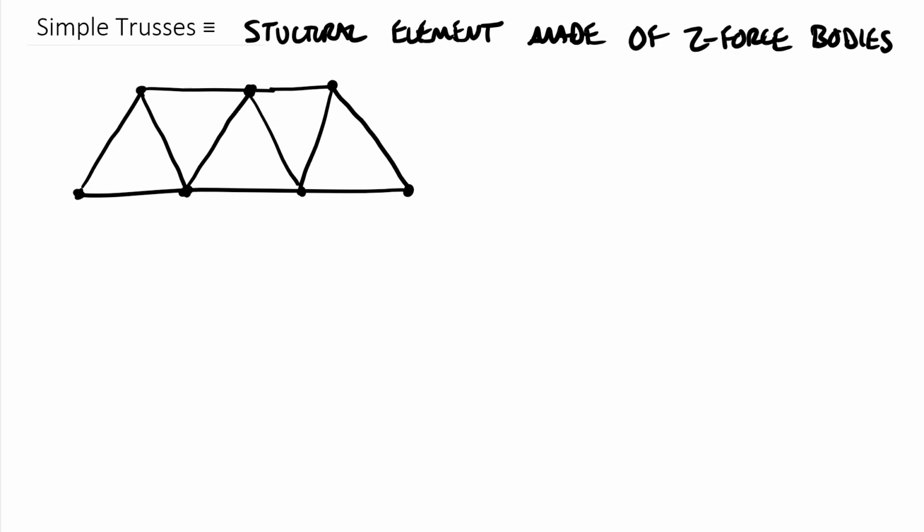Now we're going to use the terms bodies and members kind of interchangeably here. So a structural element made of two force bodies pinned together into a series of triangles.